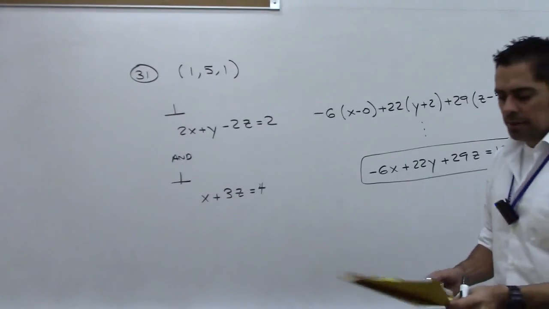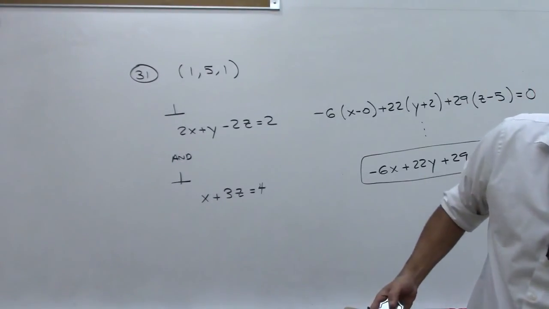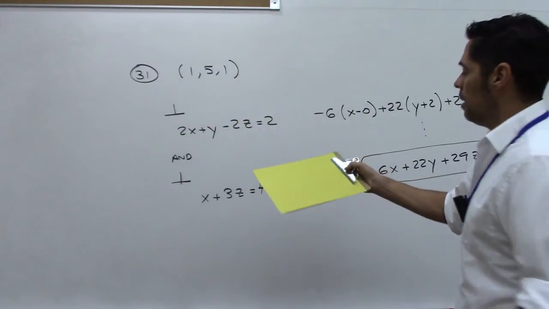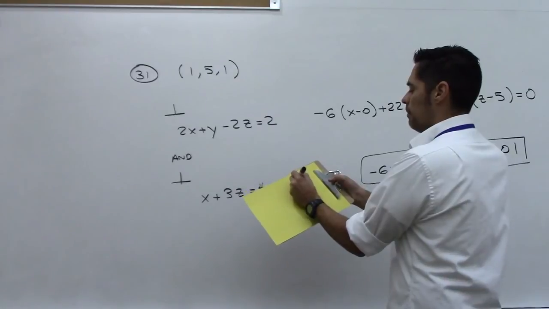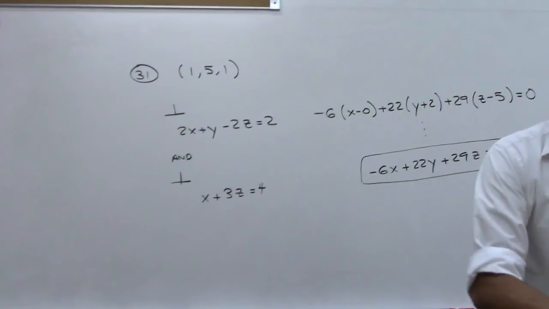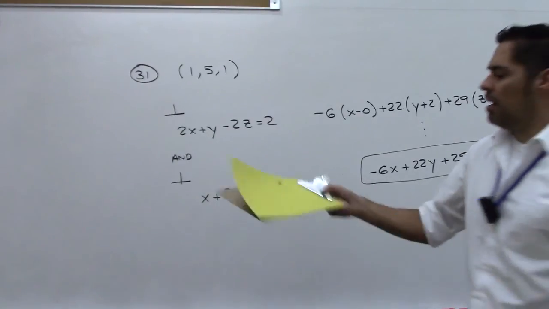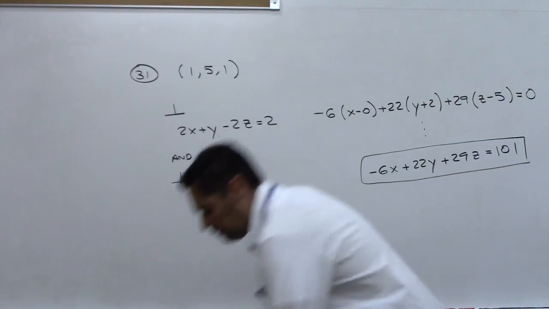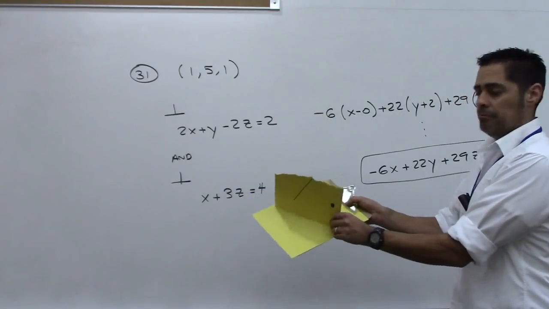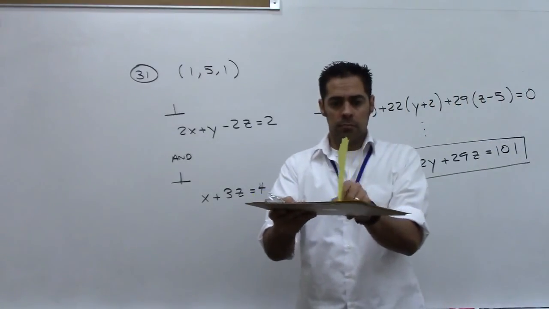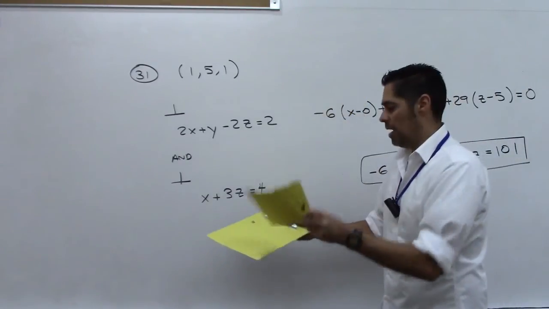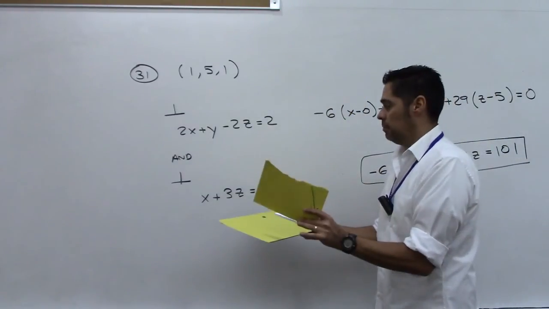So this one's a little different than the last one. You have a plane that you're looking for, right? You have a point on that plane. And then all you're told is that this plane that you're looking for must be perpendicular to this plane and a different plane at the same time.